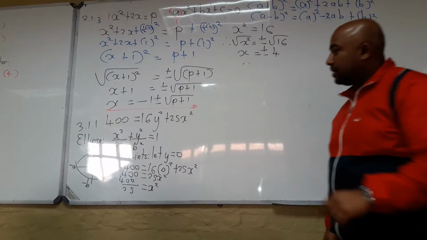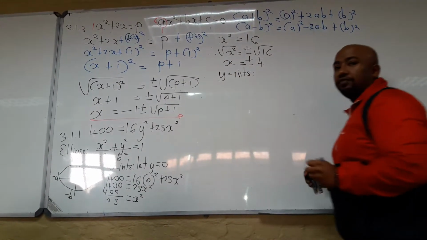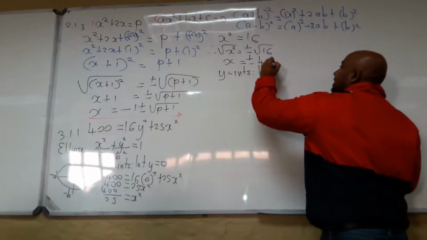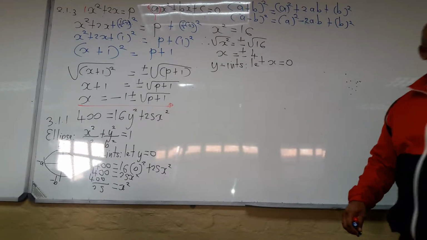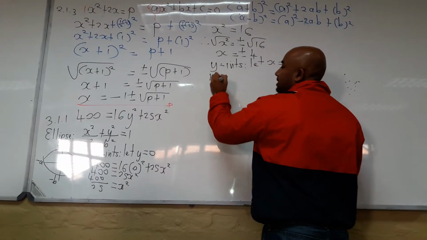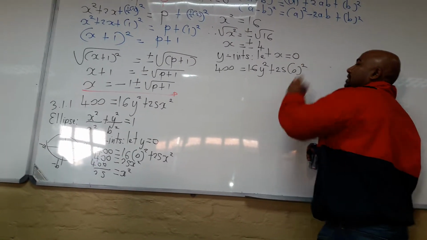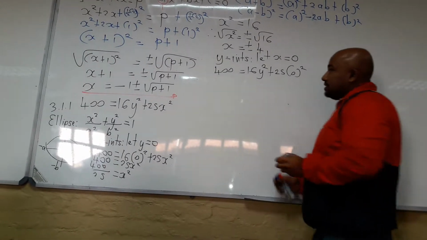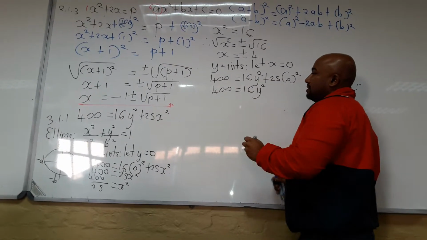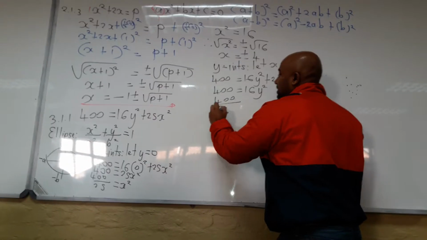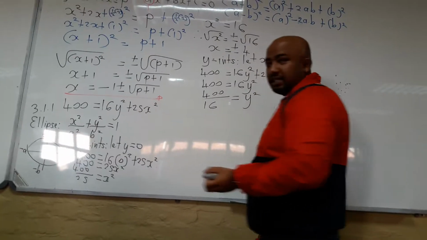Simple thing to do. Let's work out the y-intercepts. Alright, for your y-intercepts, let x equal to 0. Go back to the original equation. So we got 400 is equal to 16 y squared plus 25 times 0 squared there. So 400 is equal to 16 y squared. So therefore 400 divided by 16 is equal to y squared, which is 25.